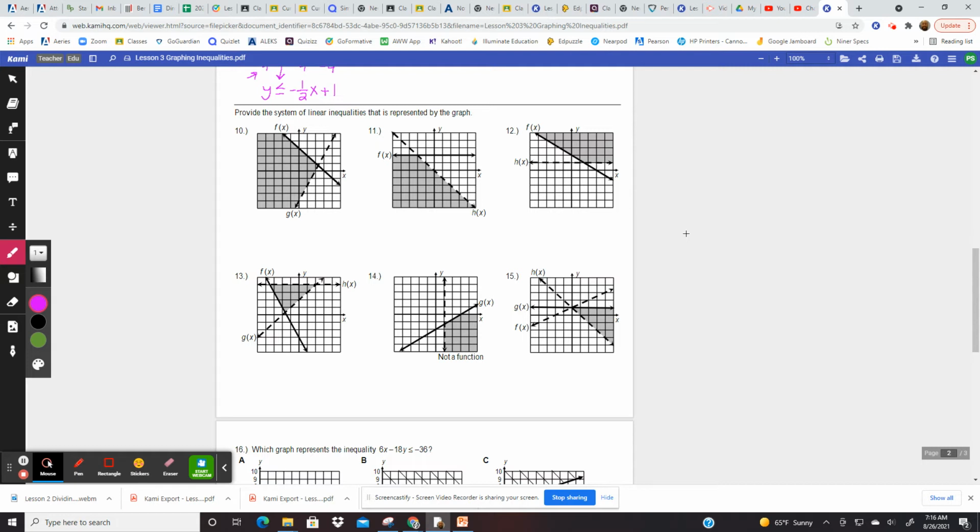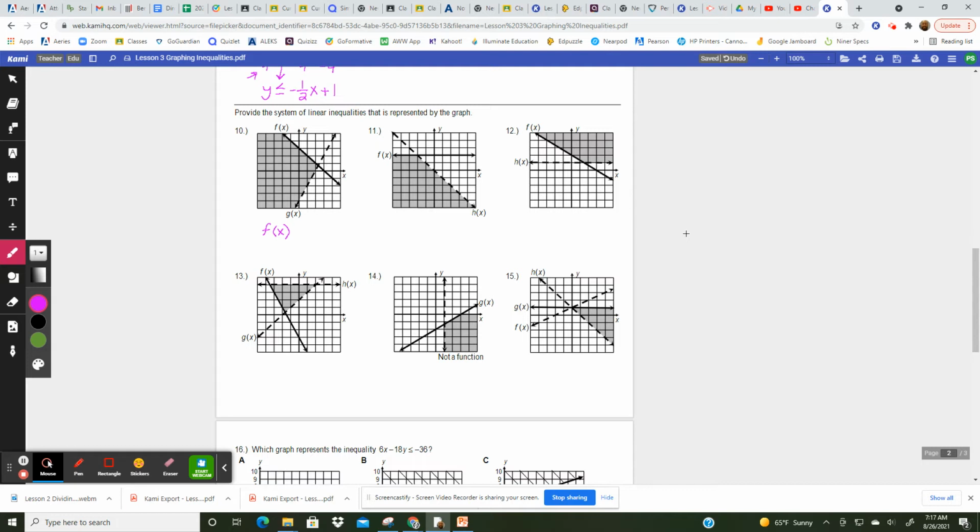Okay, so I'm going to do f first. So I've got f of x, and if I'm on the line, the shaded region is down here. I don't worry about it down here because this is cut off because it's above this one. So I just look at that part of the line where the shaded region is, and it's underneath it.